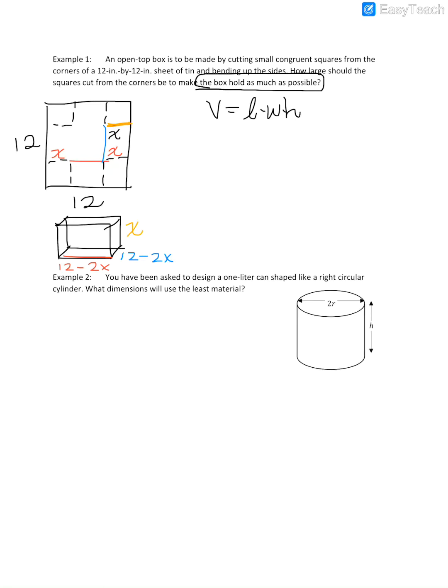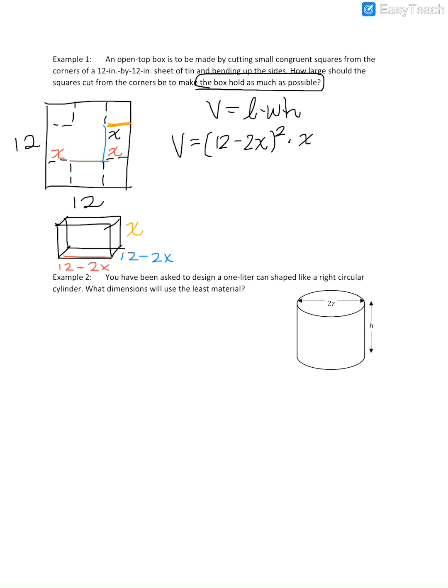All right, so now I can plug those in for my length, width, and height. So I get (12 minus 2x) squared times x. Length times width times height. Okay, since I want to optimize the volume, I want to do the first derivative, set it equal to 0. It's going to give me all of my values where the volume is either a high point, a max, or a low point, a min.